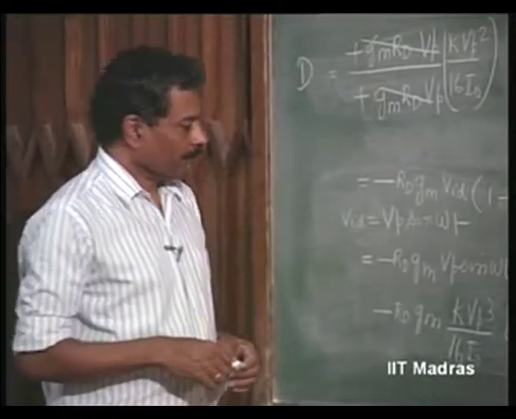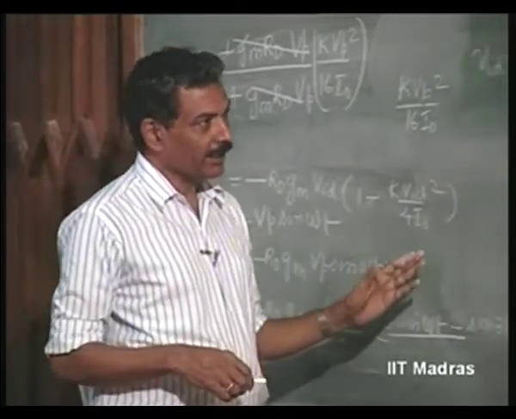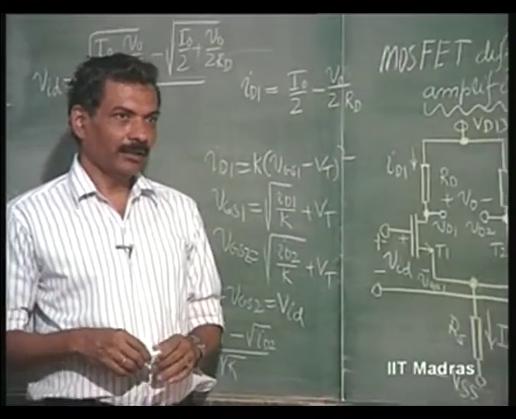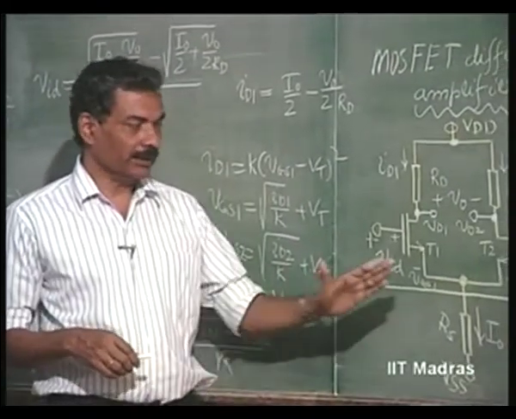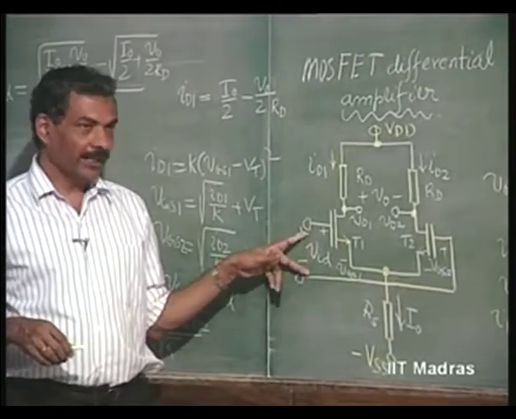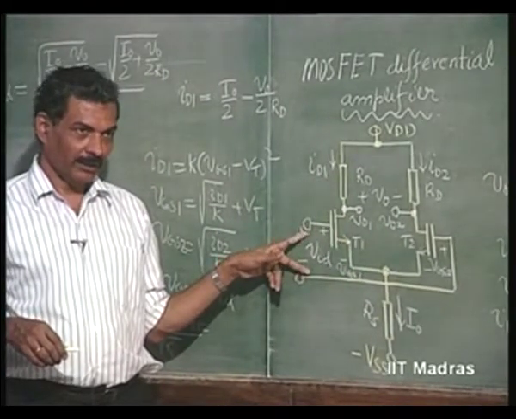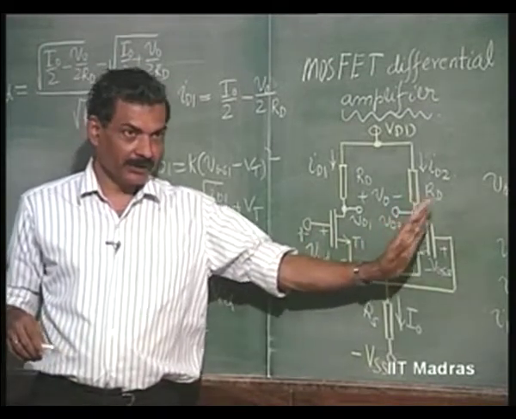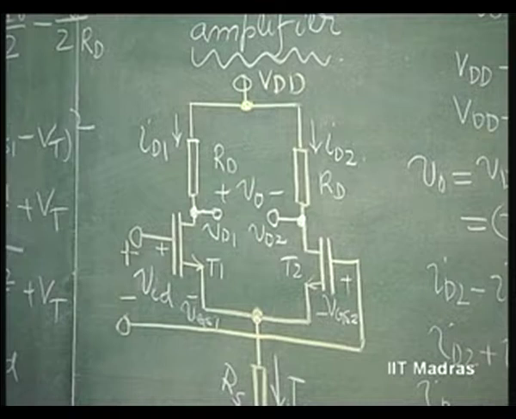Now, as far as the current switching etc. that we discussed in the earlier situation is concerned, here also it is valid. The current gets completely switched over to this when VID is positive and large, and current gets completely switched over to this when VID is negative and large, and therefore, the output voltage swing is again equal to twice I naught into RD.